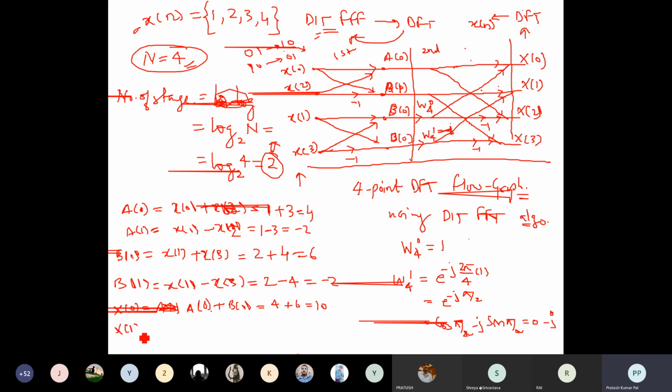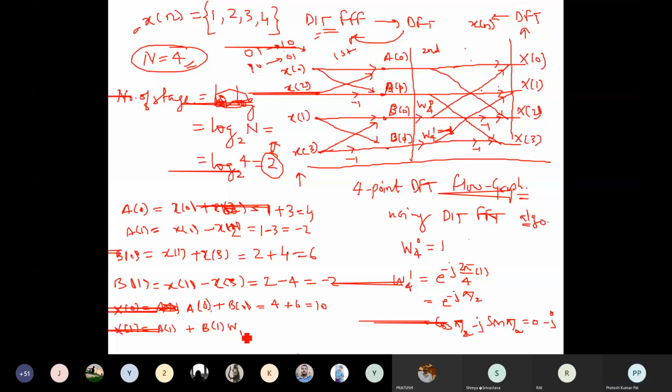Similarly we can find out x1. So x1 will be a1 plus b1 multiplied by w4 to the power 1.